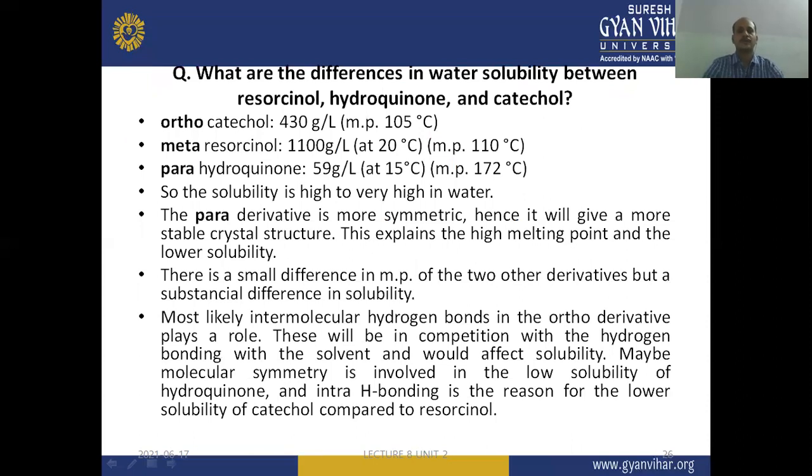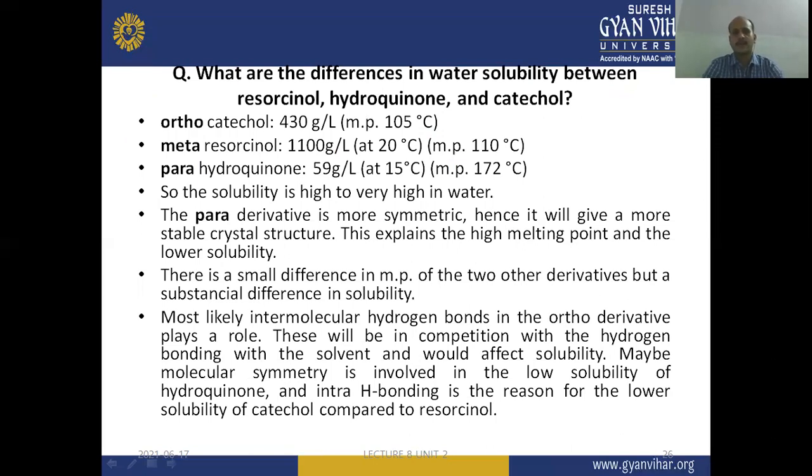So when we go through the question, like what are the differences in water solubility between resorcinol, hydroquinone, and catechol? In the ortho group, catechol is given, 430 gram per liter is the solubility and the melting point is 105 degrees centigrade.